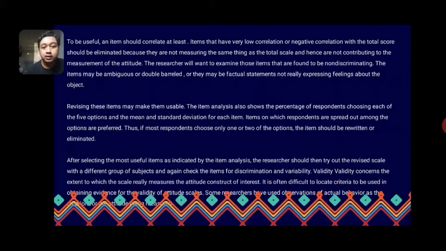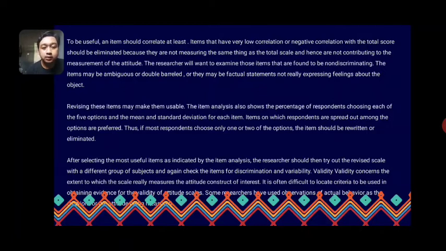The item analysis also shows the percentage of respondents choosing each of the five opinions, and the mean and standard deviation for each item. Items on which responses are spread out among the options are preferred. Thus, if most respondents chose only one or two of the options, the item should be removed or eliminated.